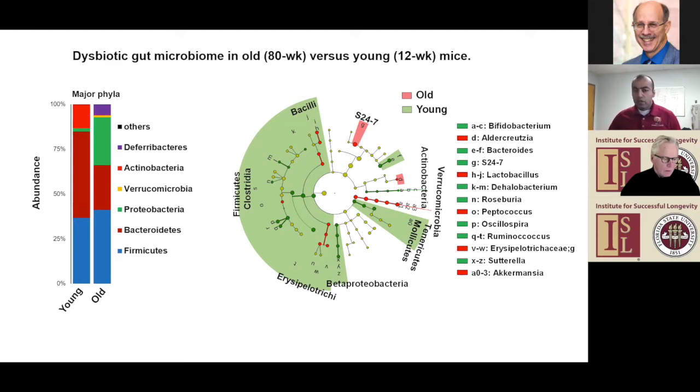We have seen that old mice have increased firmicutes, decreased bacteroidetes, and increased proteobacteria, which comprise a lot of opportunistic pathogens in the gut. So even phylogenetically, these old mice have a very different composition of microbiome compared to young mice.